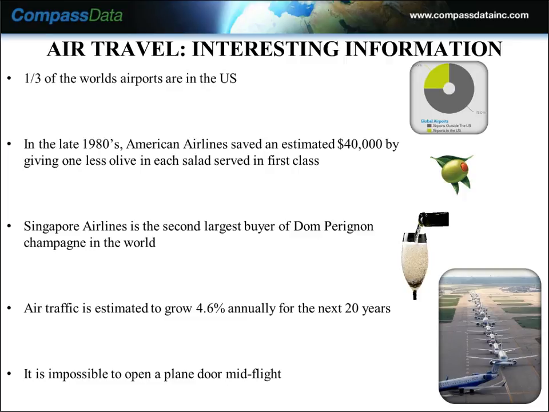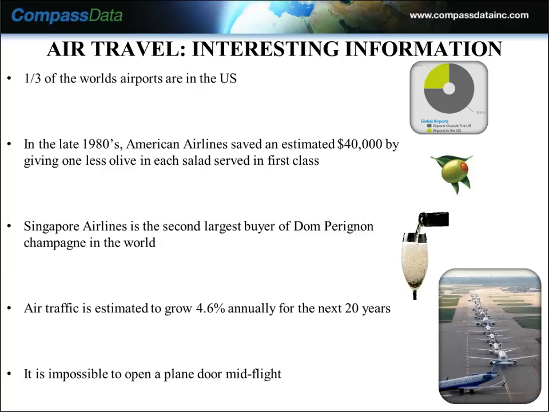Just to get us started here, I've got some very interesting information about air travel. One third of the world's airports are in the U.S. In the late 1980s, American Airlines saved an estimated $40,000 by giving one less olive in each salad served in first class. Singapore Airlines is the second largest buyer of Dom Perignon champagne in the world.